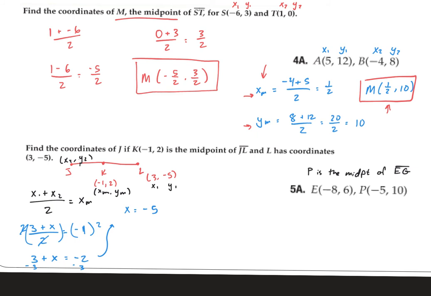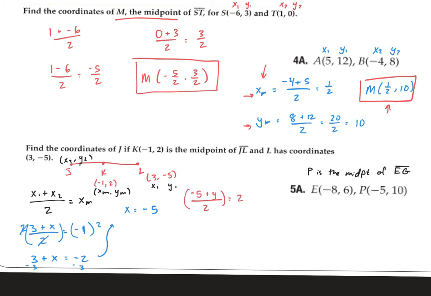Now I'm going to do the same thing for the y's. Let's see if I can get a little more room here. I'll change color so you can see what I'm doing. Okay, so my y1 was -5, plus, I don't know what y2 is, I'm just going to leave it as y, divided by 2 is equal to the y of my midpoint, which is 2. Now I'm going to solve for y.